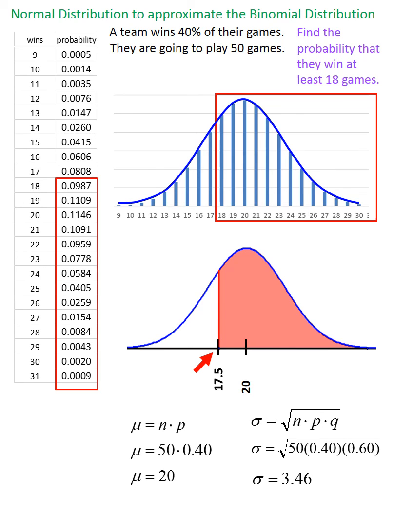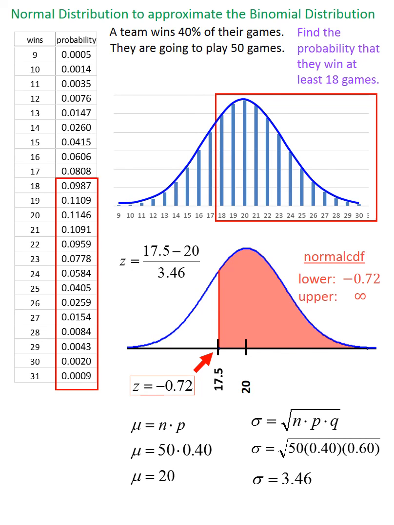So back to finding the red shaded area. Recall that we'll need to find a z-score for 17.5 and then use normal CDF. Calculating a z-score gives us negative 0.72, and then using normal CDF on our calculator gives us 76.4%.